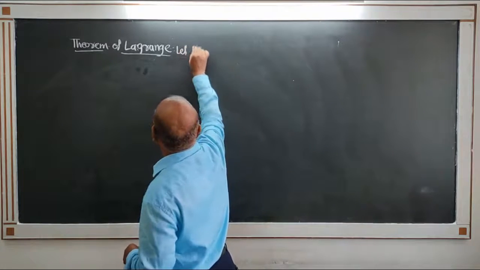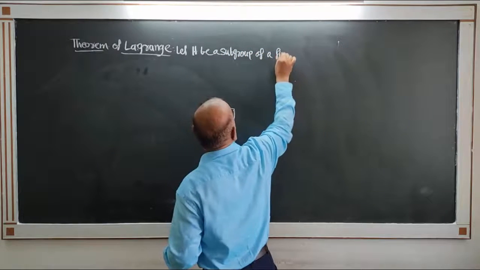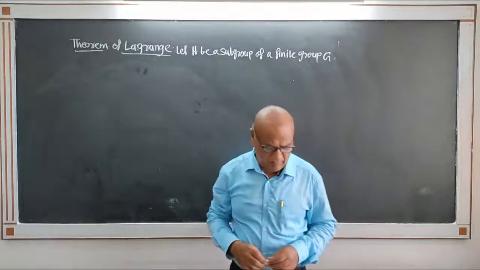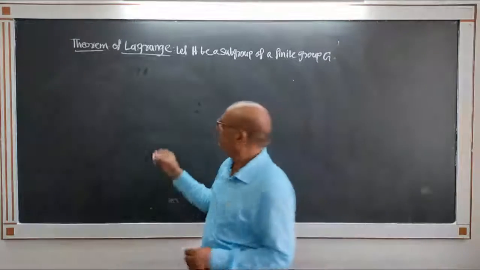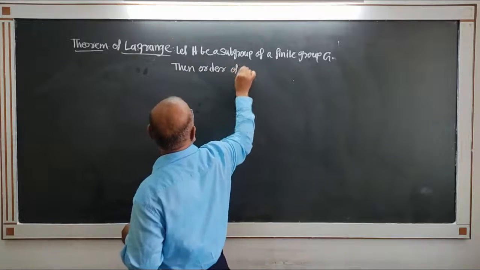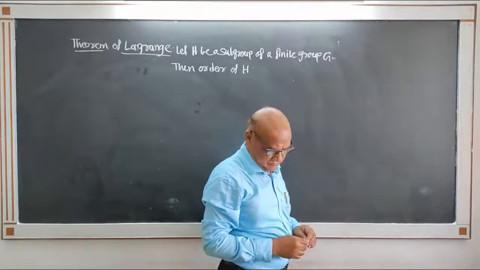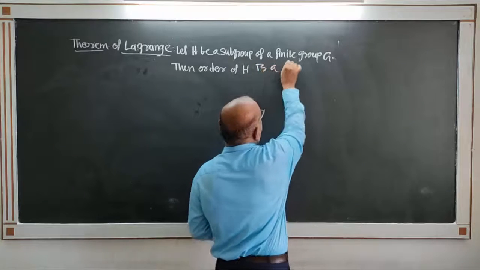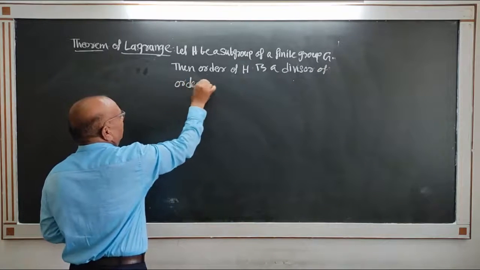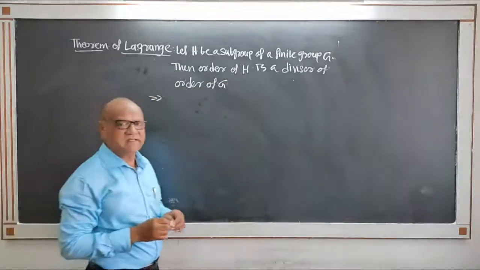Here let H be a subgroup of a finite group G. Then the order of H is a divisor of the order of G. Here G is a finite group.